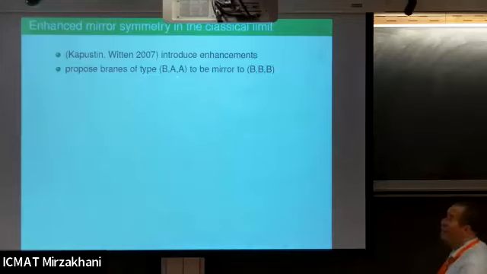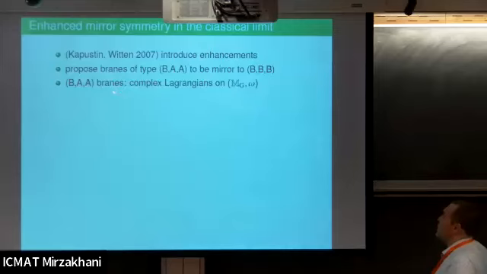That would be a BAA brane. And they argue, again, on physics basis, that a BAA brane should be mirrored to a BBB brane, which is mathematically easier, perhaps, to understand. It is a triholomorphic vector bundle on a hyperkähler submanifold.